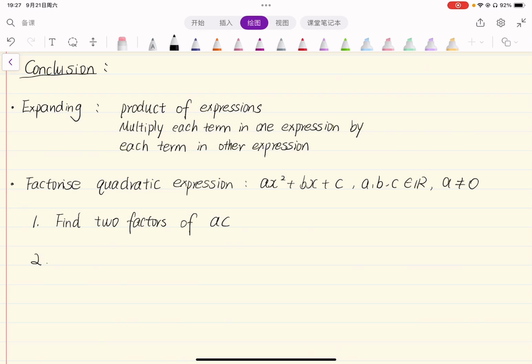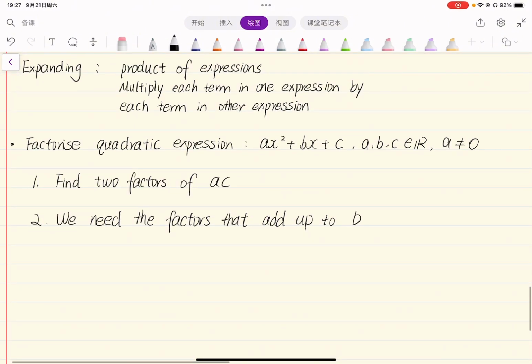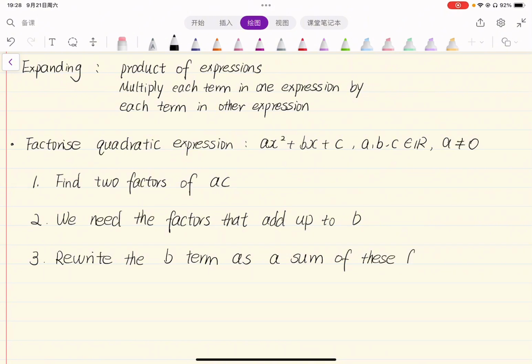And the second step, we need the factors that add up to B. The third step, we rewrite the B term as a sum of these factors.